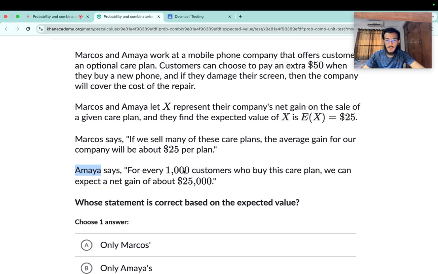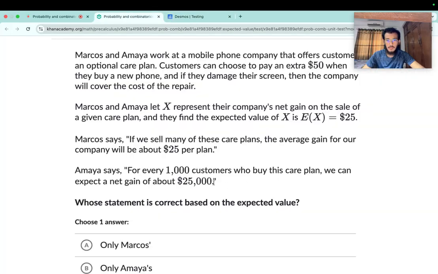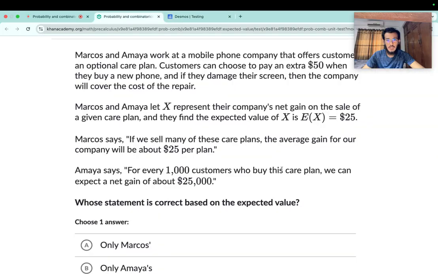Amaya says for every 1,000 customers who buy this plan, we can expect a net gain of $25,000, because we have an expected value of 25 for selling each at 50. So 25 times 1,000 is 25,000. Because you're selling each at 50, 1,000 multiplied by 50, minus the cost, actually equals 25,000.